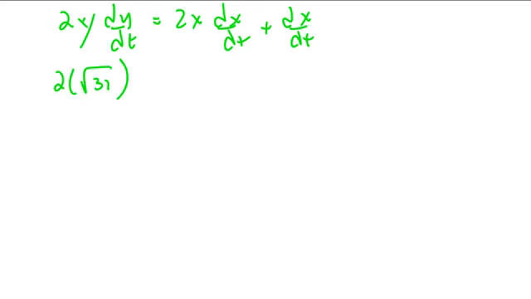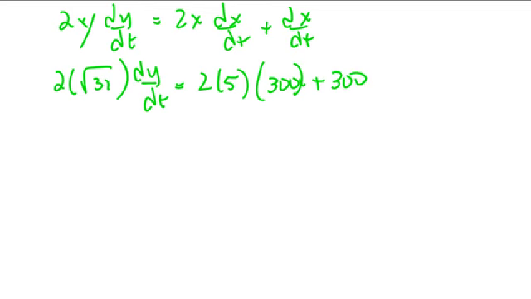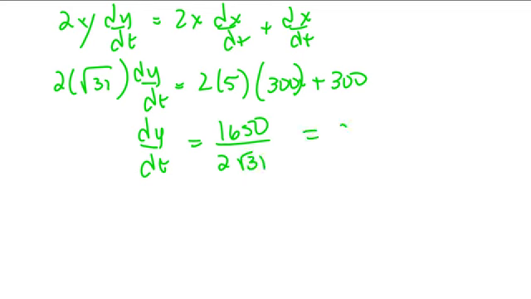So I've got 2 times square root of 31, dy by dt we don't know, equals 2 times 5, dx by dt was 300, plus another 300. And if you now isolate dy by dt, you will get 1650 divided by 2 times root 31, which works out to be about 296 kilometers per hour.